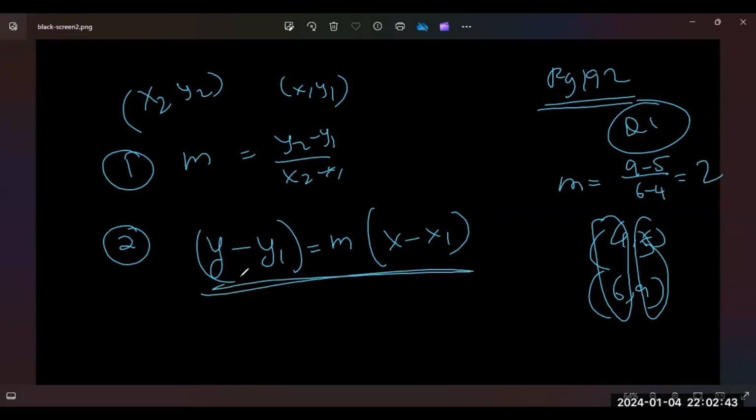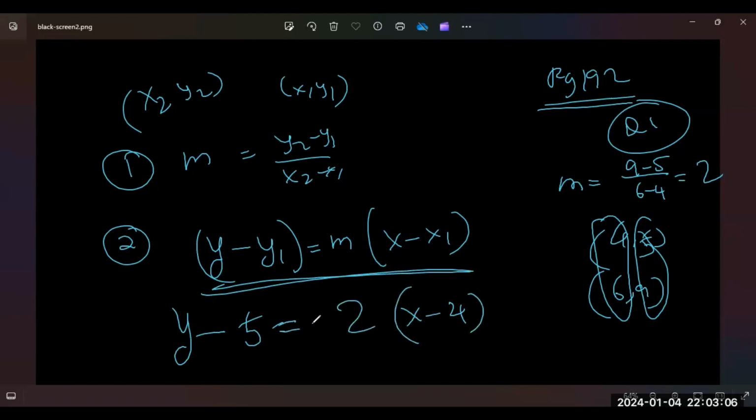Use this formula. So y minus, what is y1? What would you like to take as x1, y1? So x1 is 4 and y1 is 5. Please simplify this.